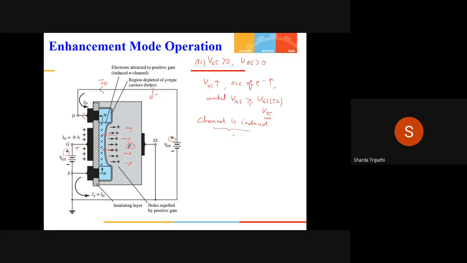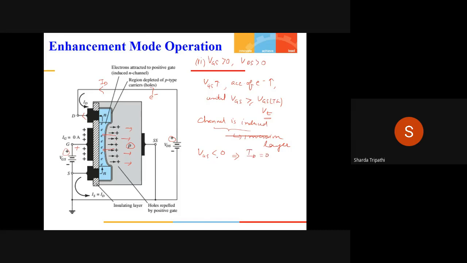This induced channel is sometimes also known as the inversion layer. And also observe that this is only possible when VGS is positive. If VGS was negative, then again, due to the absence of a channel, no current could be supported.